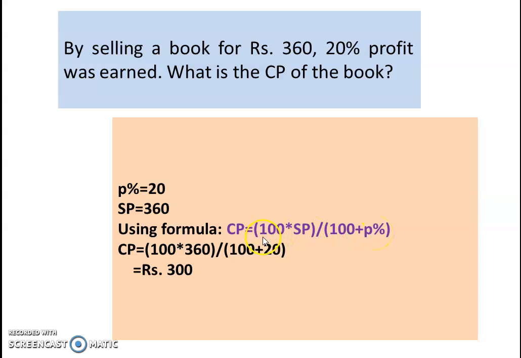So 100 into 360 divided by (100 plus 20). So 100 plus 20 is 120. When we divide by 120, answer will be 300. So in this way, we can calculate cost price.